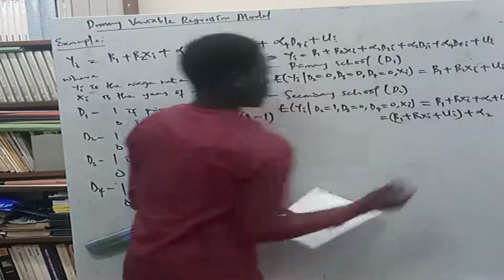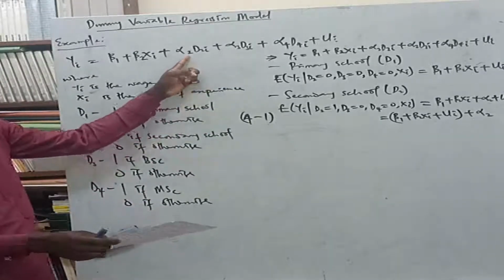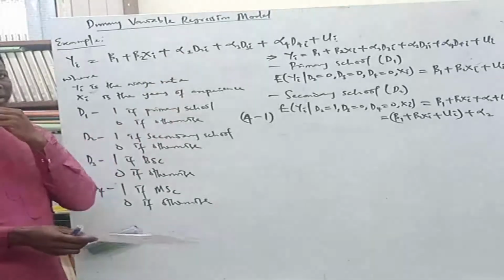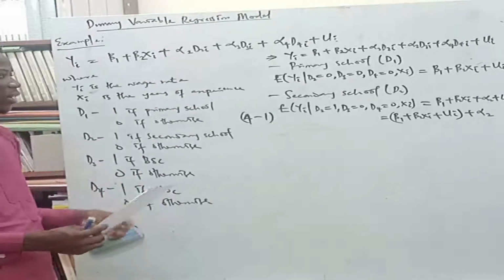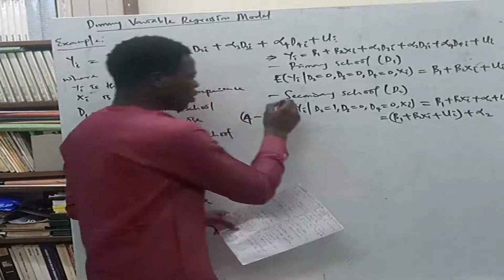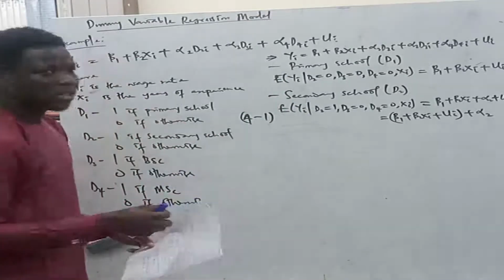Plus alpha 2. Now, the coefficient behind the second dummy variable is telling us something. It's telling us the differential effect between those who have a primary school certificate and a secondary school certificate.